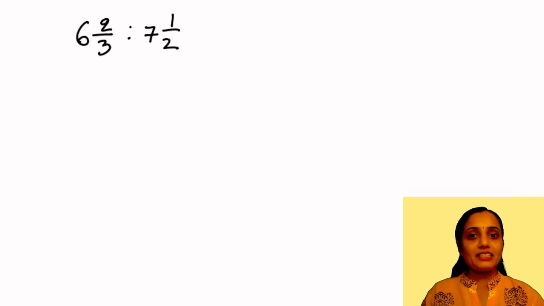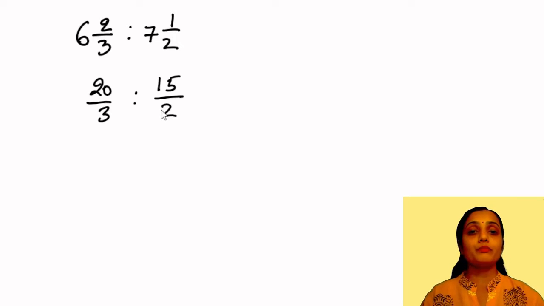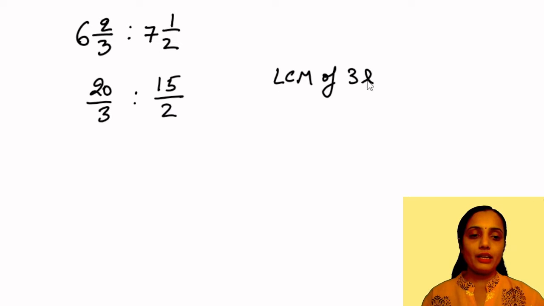Let's start with a very easy example. We have 6 2 by 3 is to 7.5. Let's first convert this into improper fraction. Now we have to convert this more, to make this into simpler form. So to take the simpler form, first we'll have to take the LCM of both of these fractions. So LCM of 3 and 2 is 6.